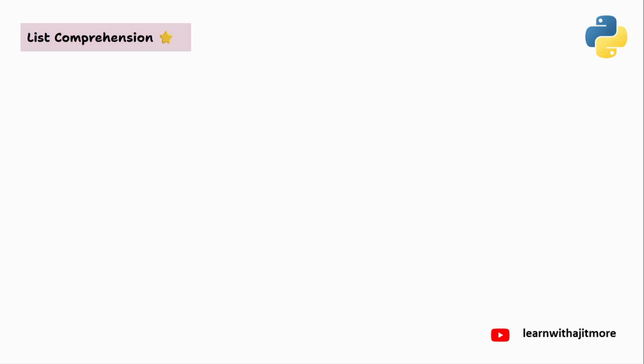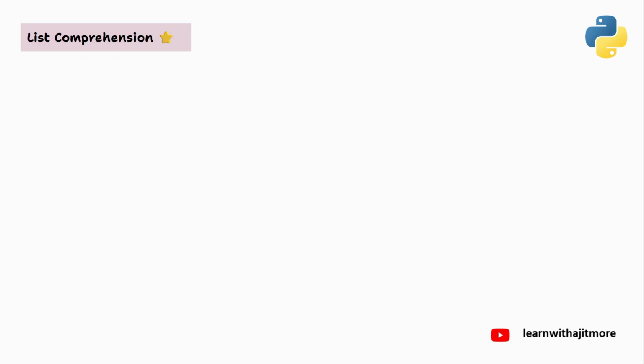Then comes one more concept called list comprehension. Now, this is one favorite thing in interviews. Interview में ये favorite question होता है. What is list comprehension? You can say constructing or building a list in just a single line of code.